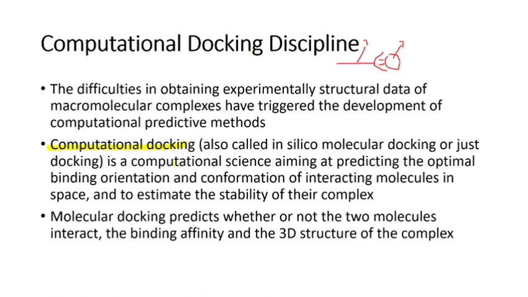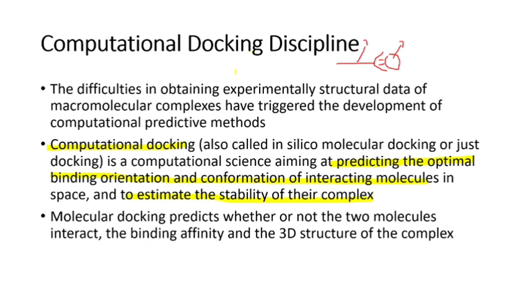It is a computational science aiming at predicting, everything is predicting in bioinformatics, nothing is experimental, everything is predicting. Predicting the optimal binding, orientation and conformation of interacting molecules in space and estimating the stability of their complex. So, that is what we are checking by molecular docking.